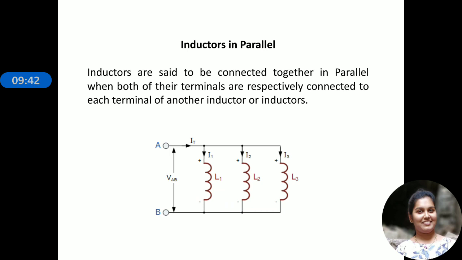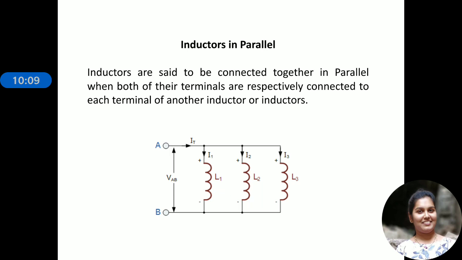The voltage drop across the inductors in parallel will be the same. For series connection I said that the current will be the same in all the inductors, whereas when we connect inductors in parallel, the voltage drop in all the inductors will be the same. So inductors in parallel have a common voltage across them.